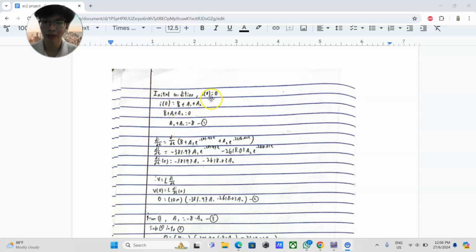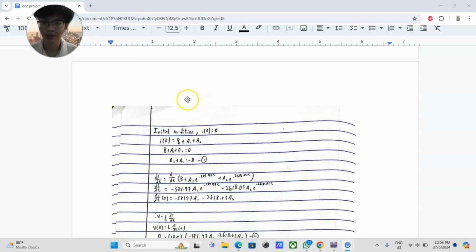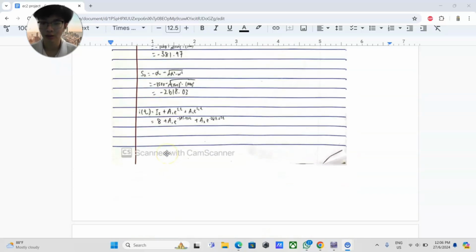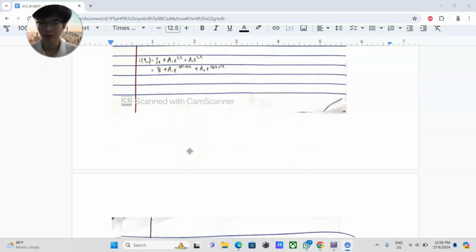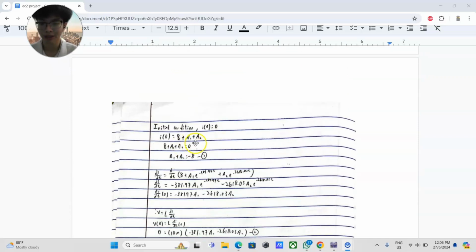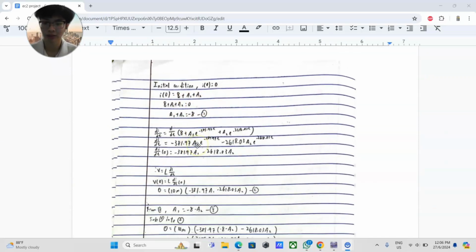We apply the initial condition. At t equals 0, e to the power 0 is equal to 1, so we simplify to 8 plus A1 plus A2 equals 0, so A1 plus A2 equals negative 8.